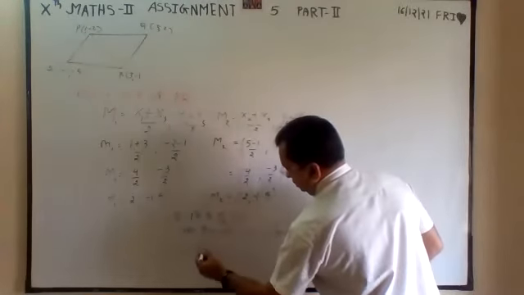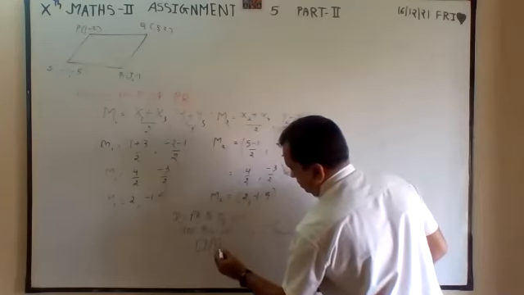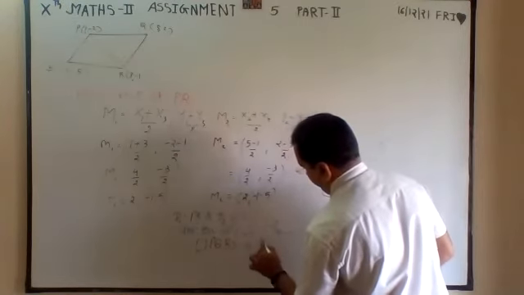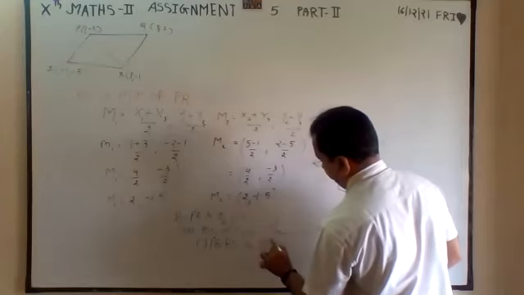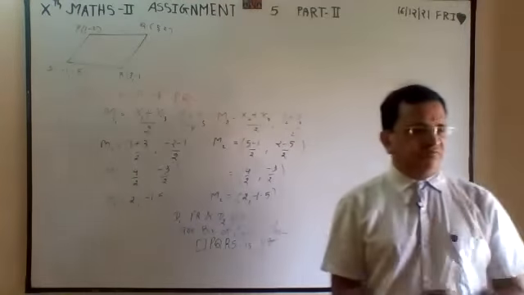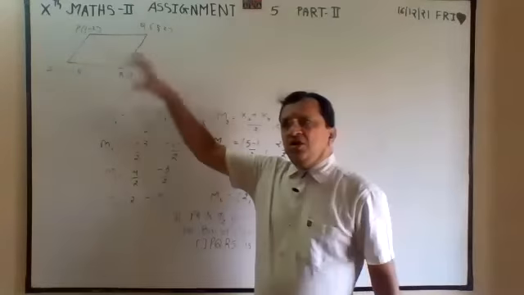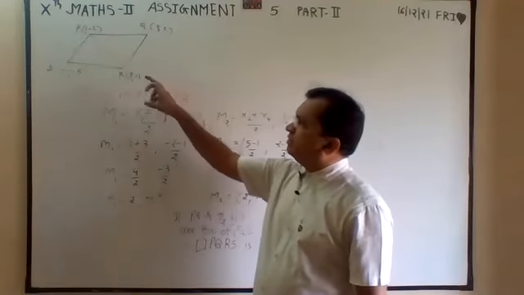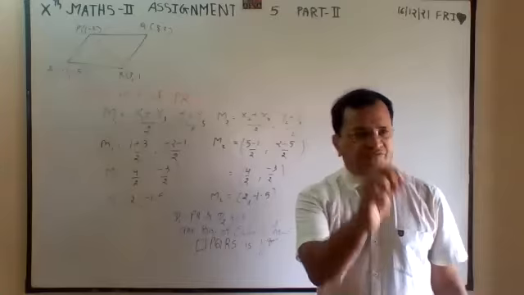Therefore, quadrilateral PQRS is a parallelogram. Let me explain this again because this is very important. A quadrilateral is given. Just find the midpoint of one diagonal.